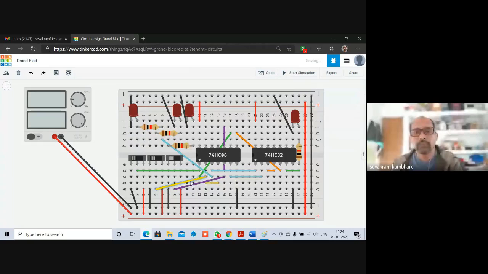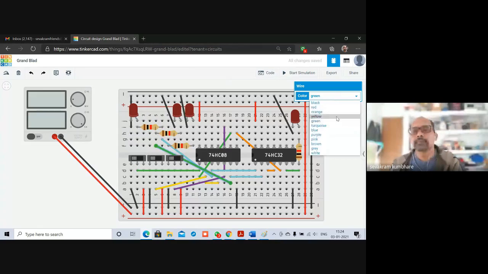Then B and C is going to this, and this is BC. So this LED will show you BC, and then this last one, which is nothing but this. This is the last one.